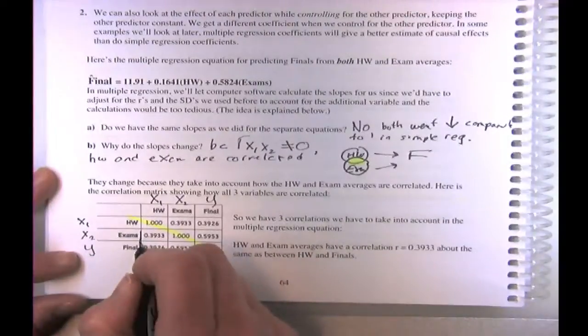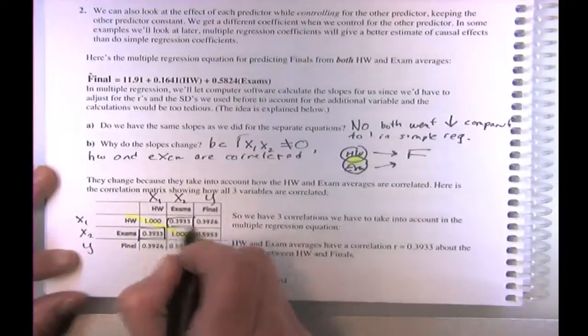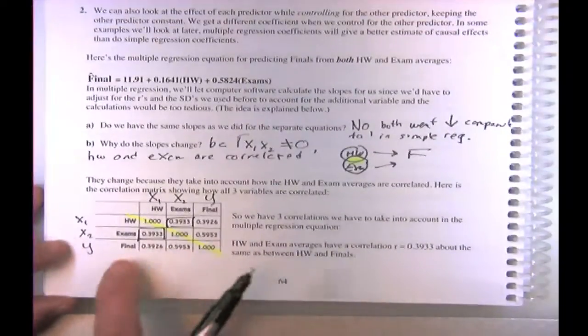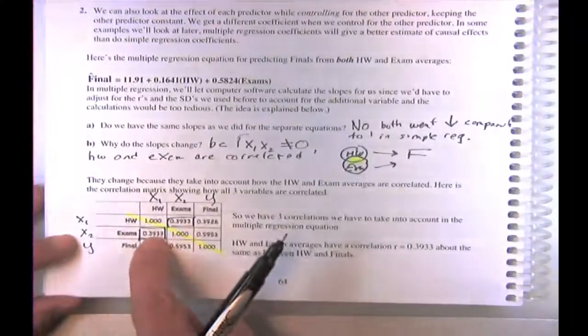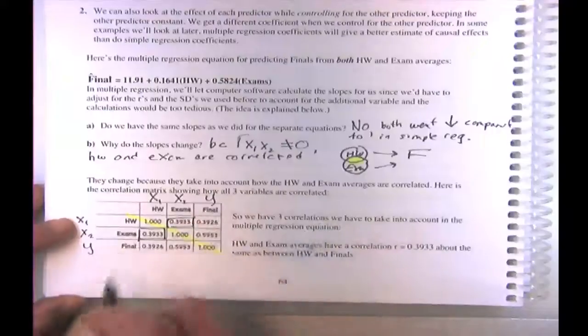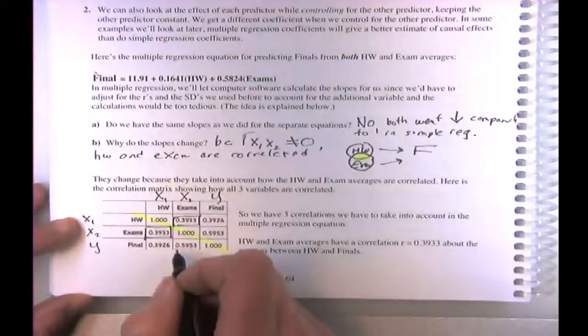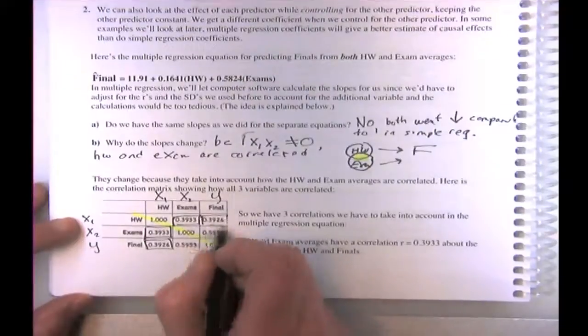For example, this says that x2 is correlated with x1, and this says x1 is correlated with x2. So see how the diagonals are all the same, because why?